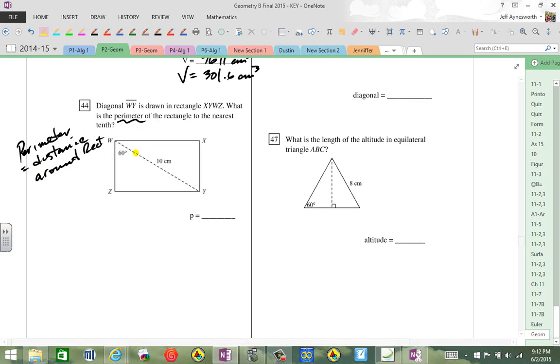So what we're going to do is focus in on the 30, 60, 90. Now, I know there's a right angle here because we have a rectangle. So that means that's a right angle, and so is that, right? So if that's 60 degrees, that's 30 degrees, 30, 60, 90. This is something you're familiar with. Now, to get from the hypotenuse to the short side, opposite of the 30, you've got to take half of it.